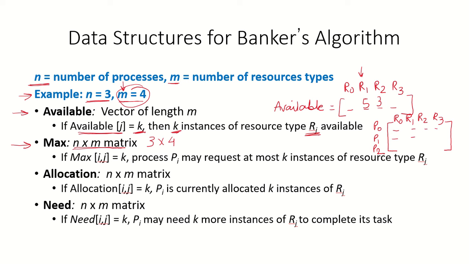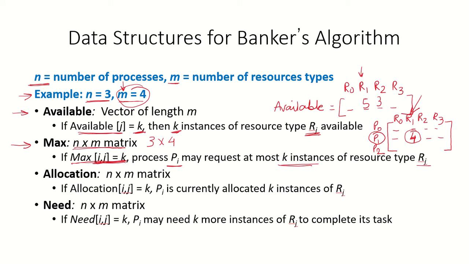Now, if a particular element Max[i][j] is equal to k, then it means that process Pi can at most request k instances of resource Rj. We have this information because each process has declared a priori the maximum number of resources it might require.